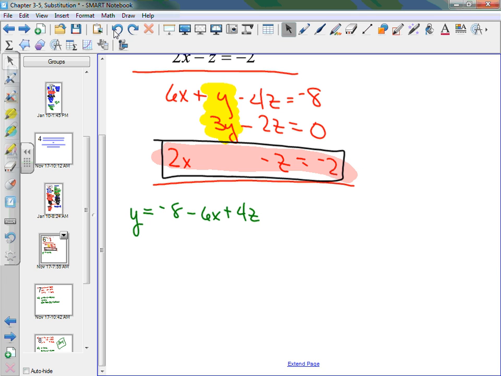And that's going to give me negative 24 minus 18x plus 10z is equal to 0, right? Add the 24 to both sides. Negative 18x plus 10z is equal to 24. Box it in.